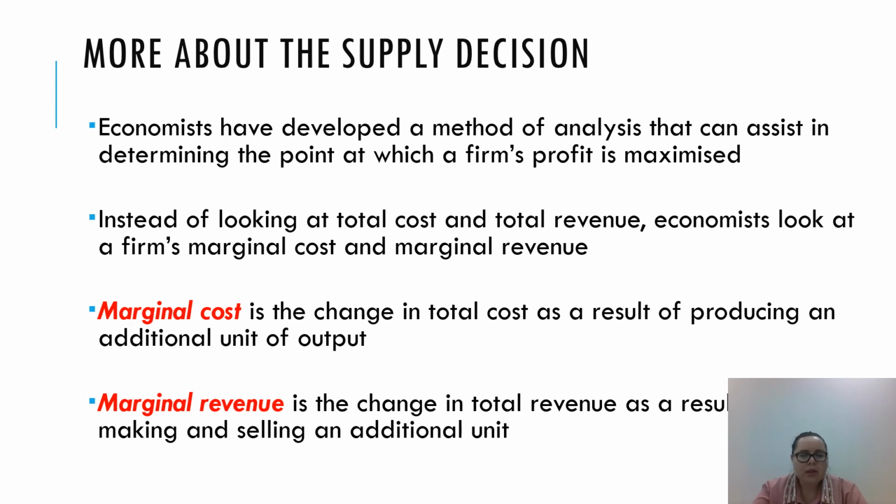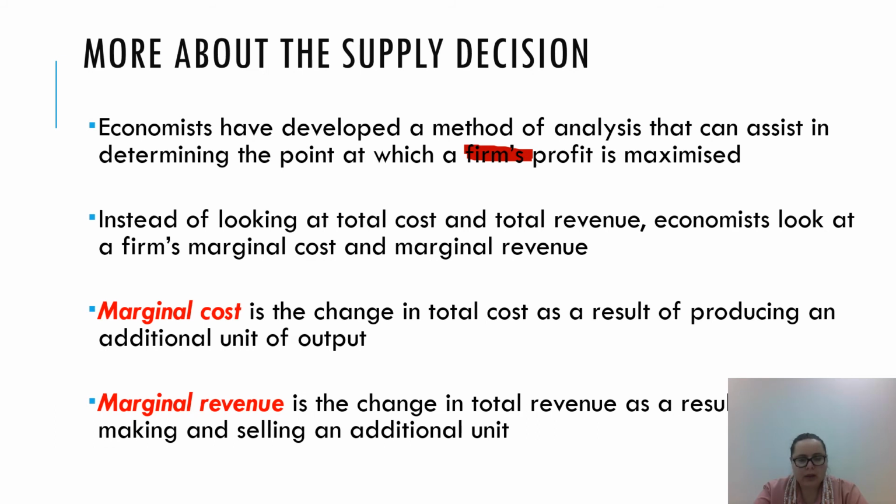Okay. So in order to analyze the cost revenues, economists have developed a method of analysis. This method allows them to determine at which point the profit of the companies or the firms, because in economics we normally operate with the term firms, is maximized.